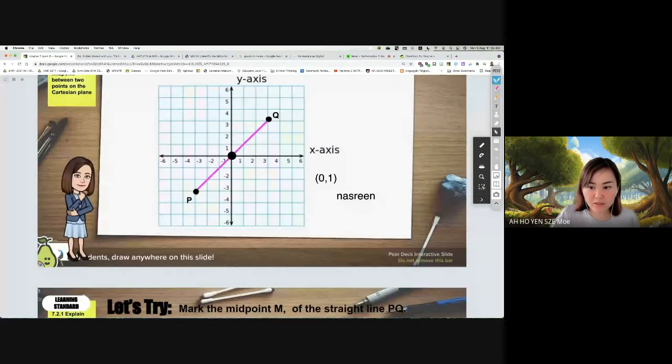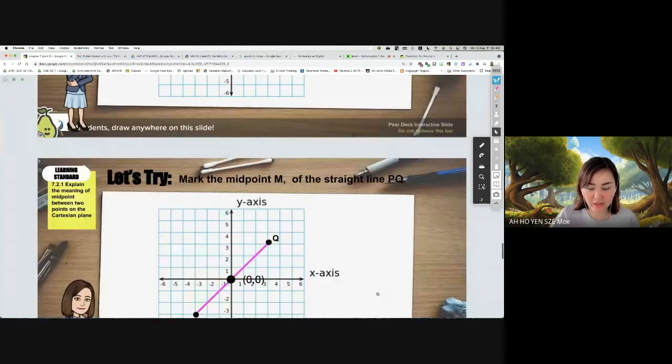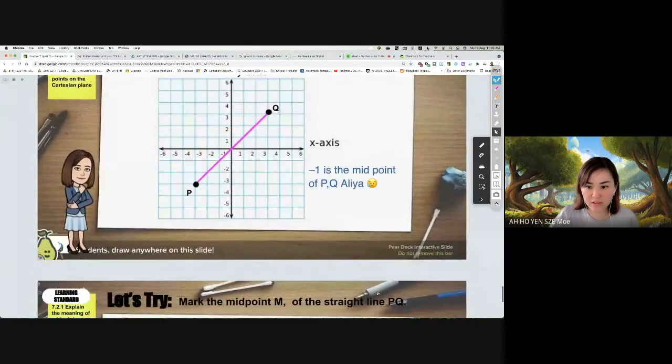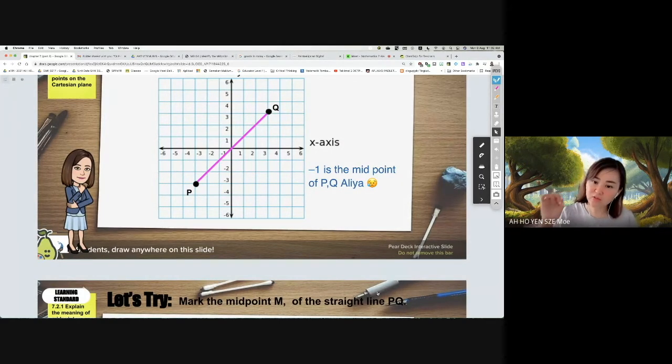Nasrin, 0, 1. Are you sure that is 0, 1? Coordinate baca elok-elok. Steffi, -1 is the midpoint of PQ. Aliyah, why are you so sad? Where is the midpoint? -1 is one of the points. Where is the -1, Aliyah?